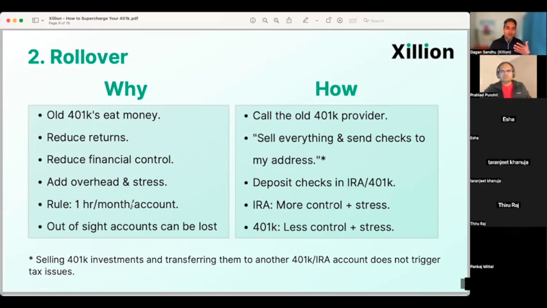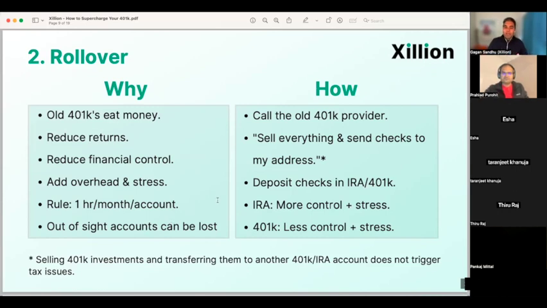And let's be honest, we are all professionals working more than a full-time job, raising kids and families. We just don't have time. Because of this, the money flounders, and the old 401ks really become a drag on your account. And also, out of sight is out of mind, right? If you don't look at them, then obviously they're getting farther and farther away.